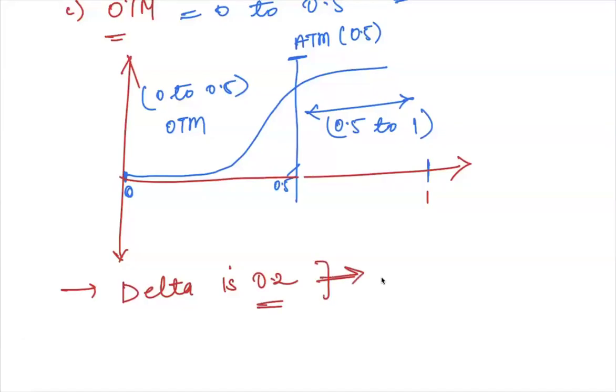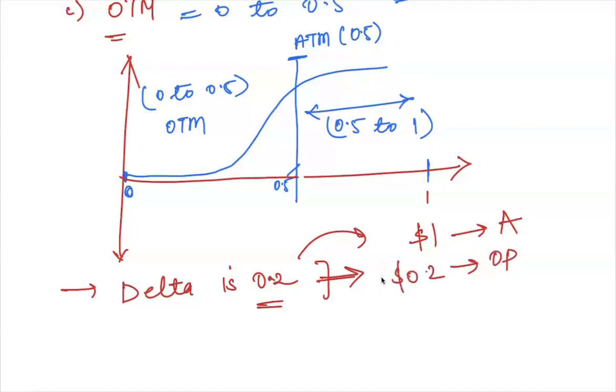Can you all use the comment section to tell me? It basically means that for every $1 change in your underlying asset, the option price will increase by how much?